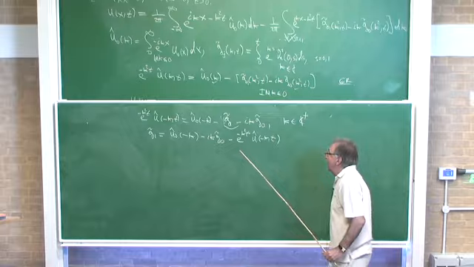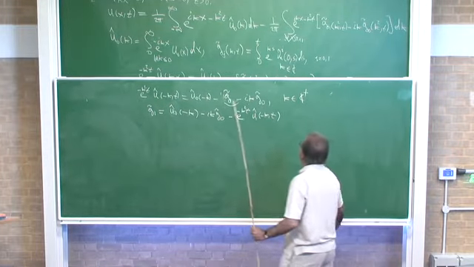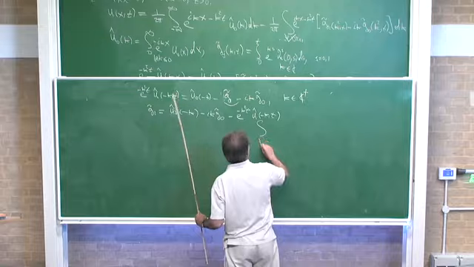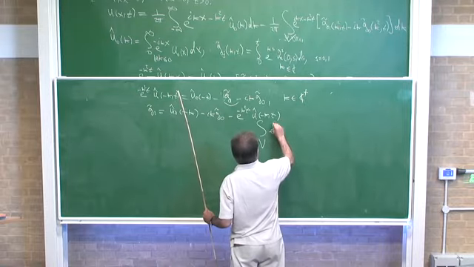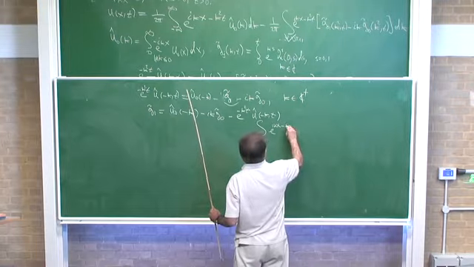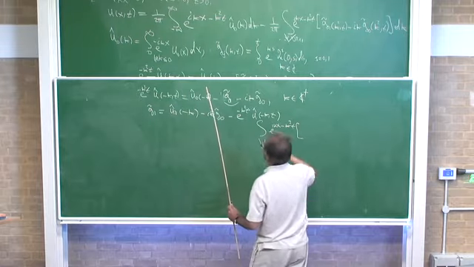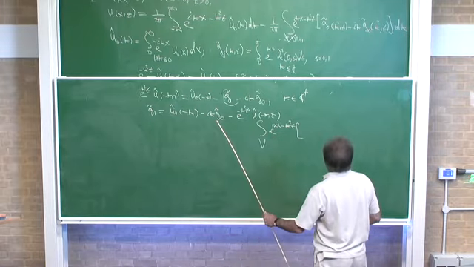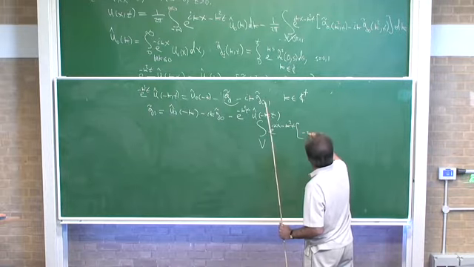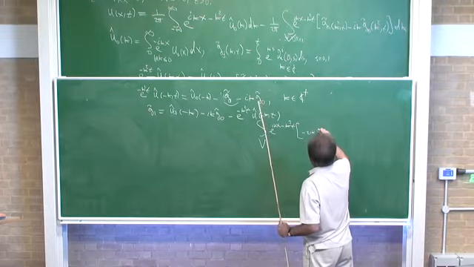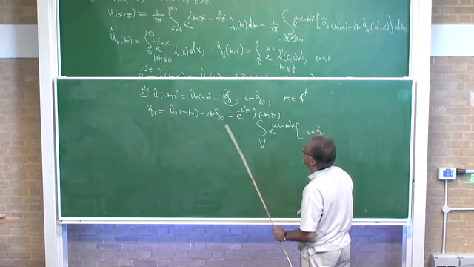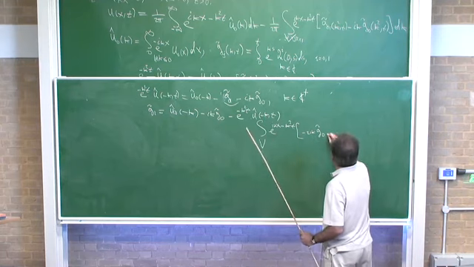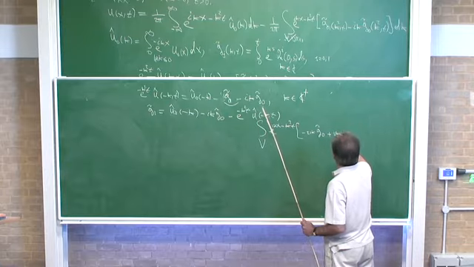The last term will look like the integral along here, e to the i kx minus k squared t. But now look, g1 is this, so it will give us minus 2ik g naught. Then it will give us plus u naught of minus k.